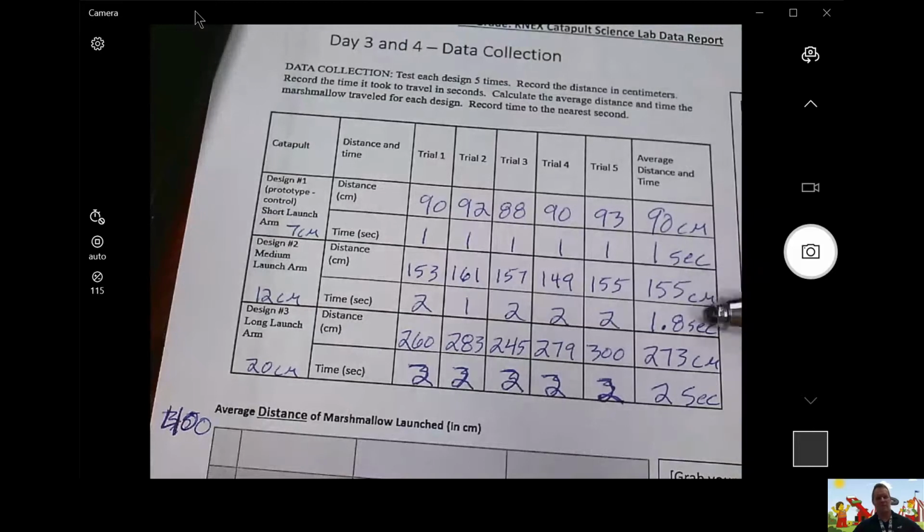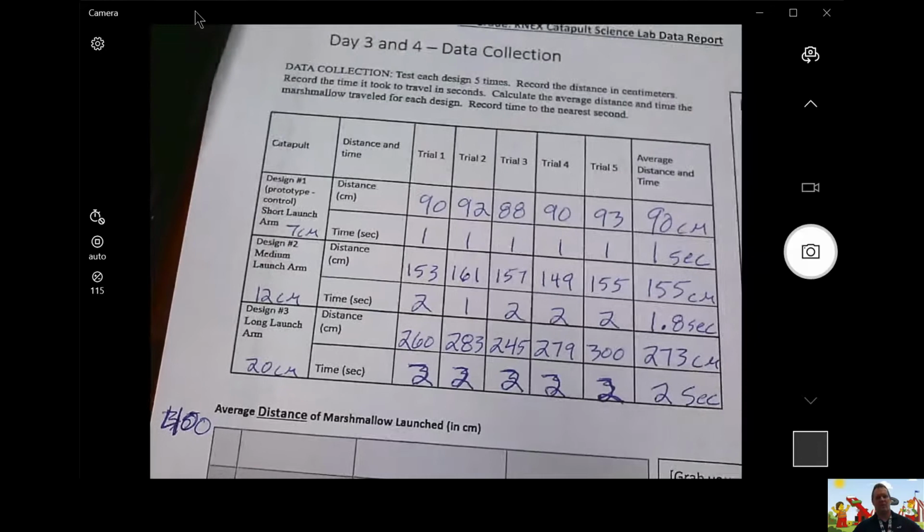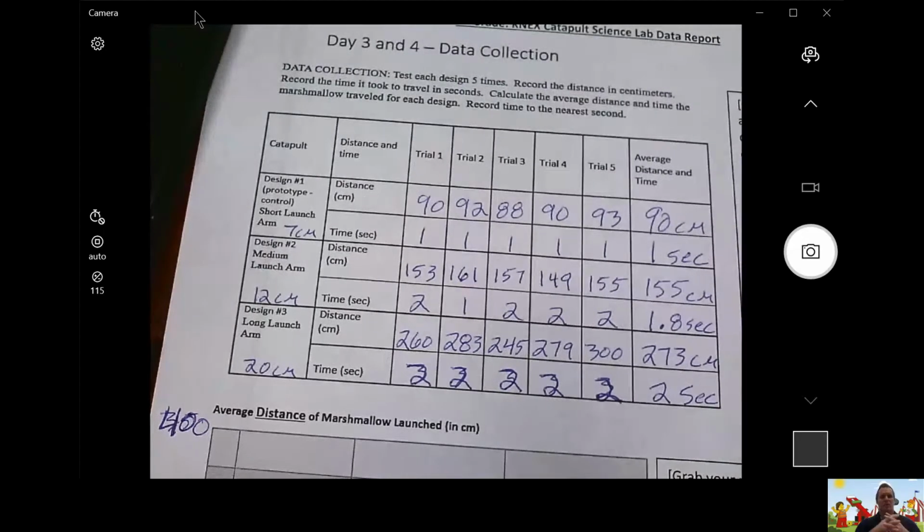It looked like it stayed up in the air a little longer, but this one was more like a line drive, because you can tell, look how much further it was traveling, in almost the same amount of seconds. So you have to take that into account, as you make observations of how the marshmallow was traveling. Was it going far up in the air? Was it going like a line drive? Because that can make a total difference in your speed.